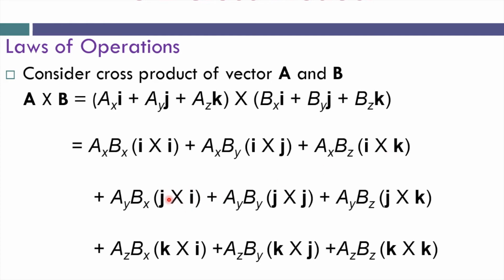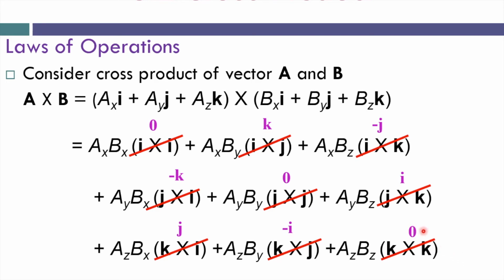And then j times i, here the value will be negative, so we will get negative k. j times j is 0, and then j times k is positive i. k times i is j, k times j equals negative i, and then k times k is 0.